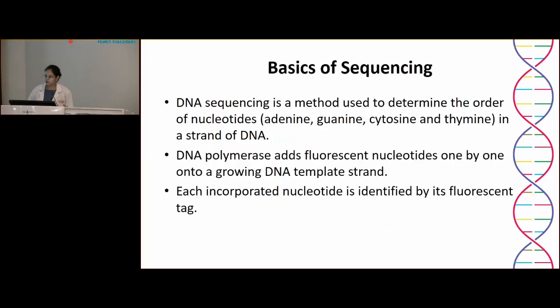So what is sequencing? Sequencing is a method to determine the order of nucleotides. Now in most of the techniques, it is based on fluorescence. So while synthesizing the template strand, fluorescently labeled nucleotides are added and detected, and the sequence is deciphered.